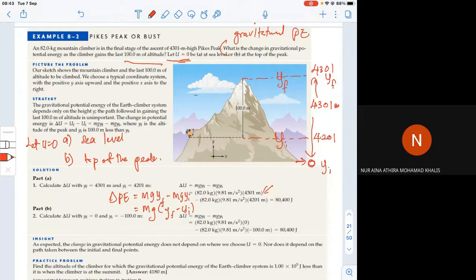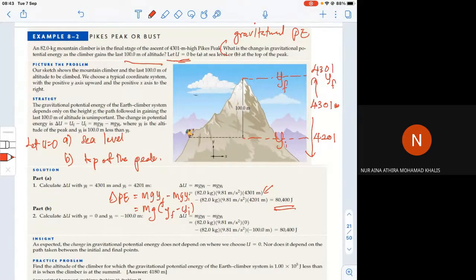After some calculations, we will get 80,400 joule when you have potential energy 0 at sea level. So the change in potential energy from 4201 until 4301 is equivalent to 80,400 joule.